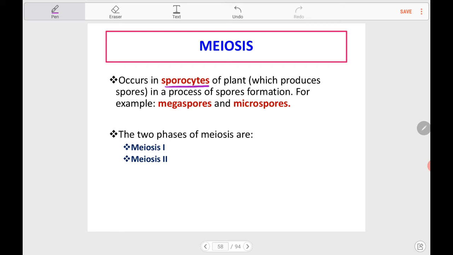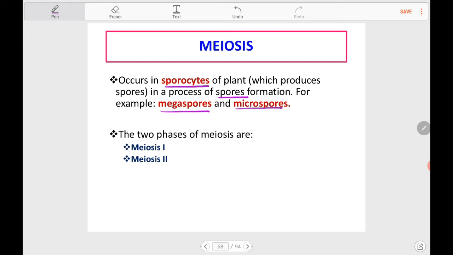Sporocytes are a group of cells that will produce spores. And there are two types of spore in plants, either megaspore, which is a type of female gamete, or microspore, which is a type of male gamete.